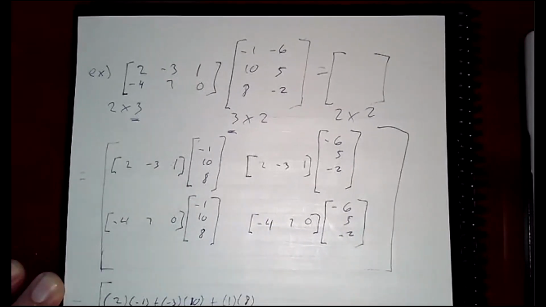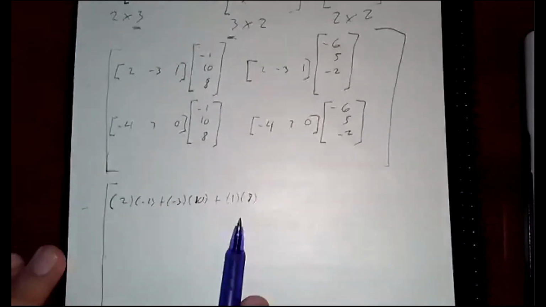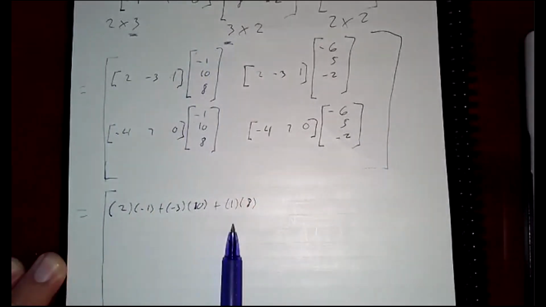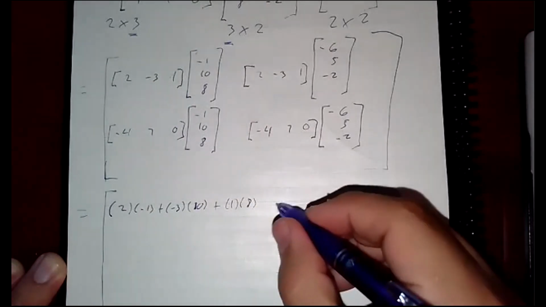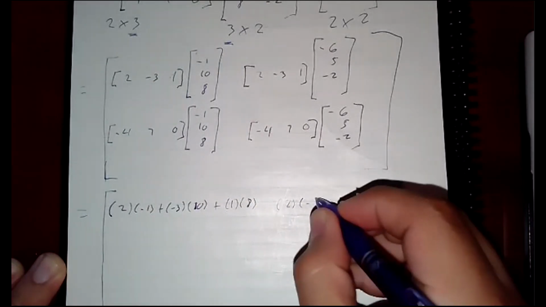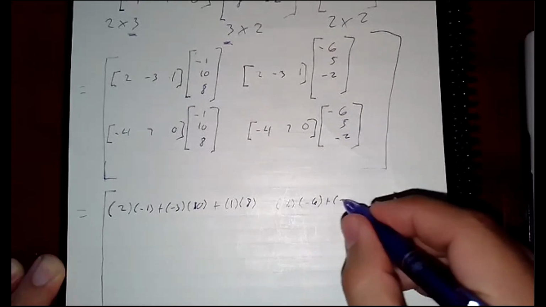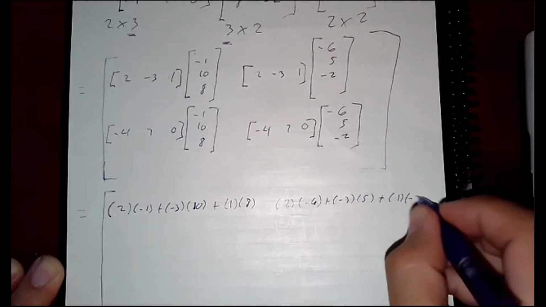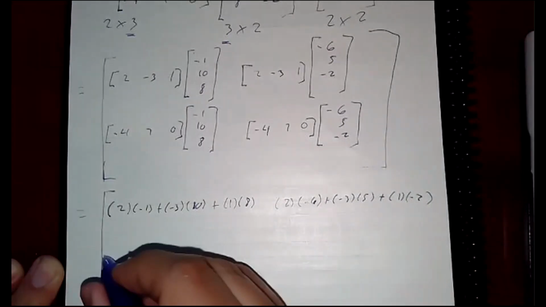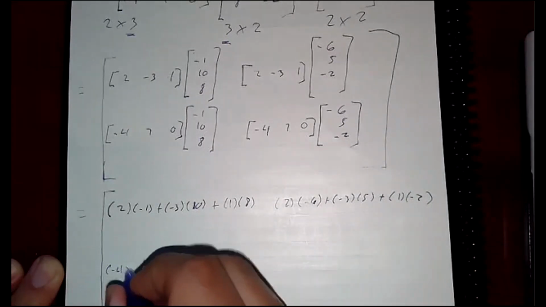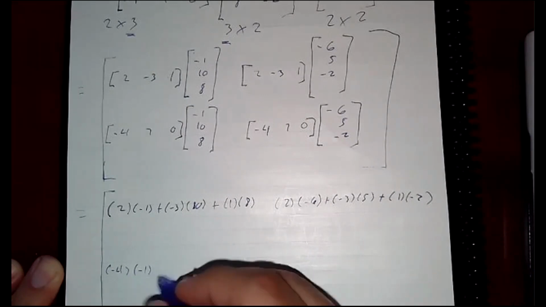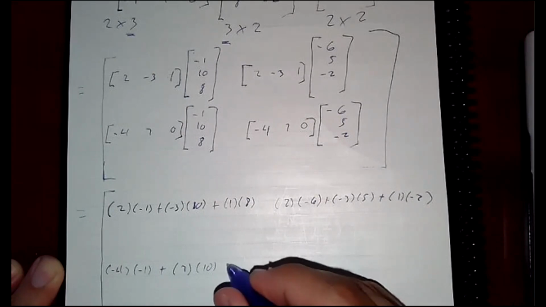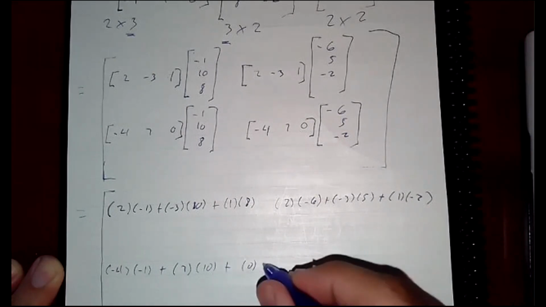That's the first multiplication here. Now you do 2 times -6, -3 times 5, 1 times -2. -4 times -1 plus 7 times 10 plus 0 times 8.